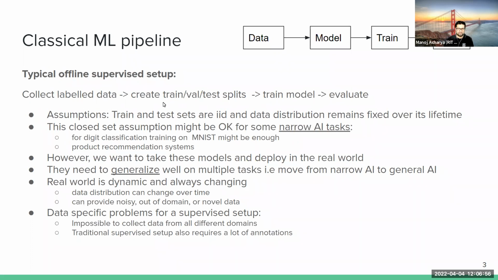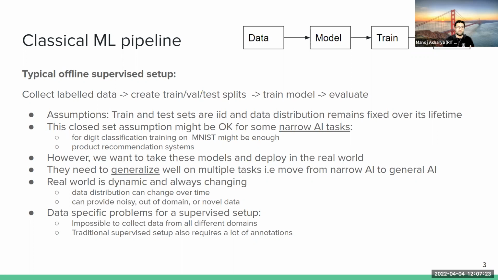There are common assumptions that run through any such supervised setup, and these are train and test splits or datasets are IID, and the data distribution remains fixed over its lifetime. Now, this is a closed set assumption. And this might be okay for many narrow AI tasks.